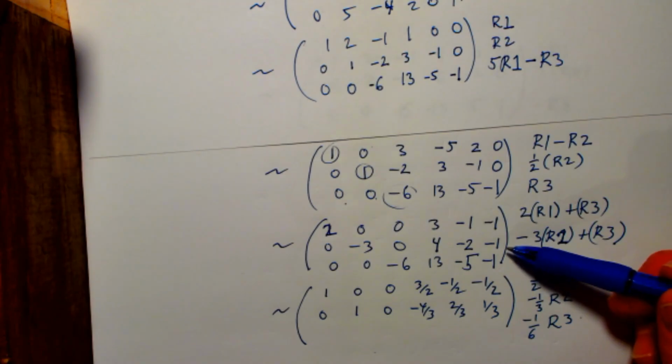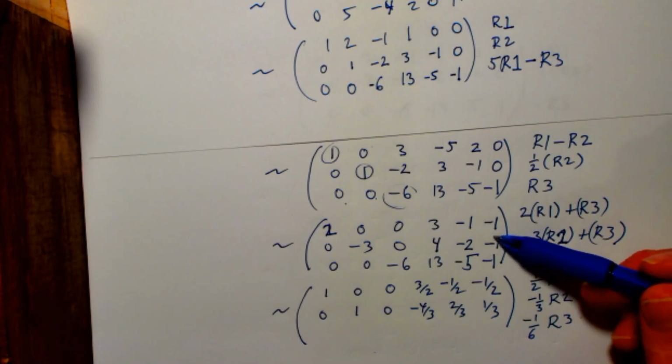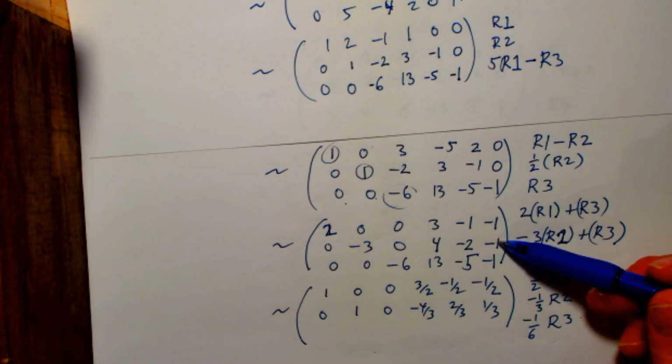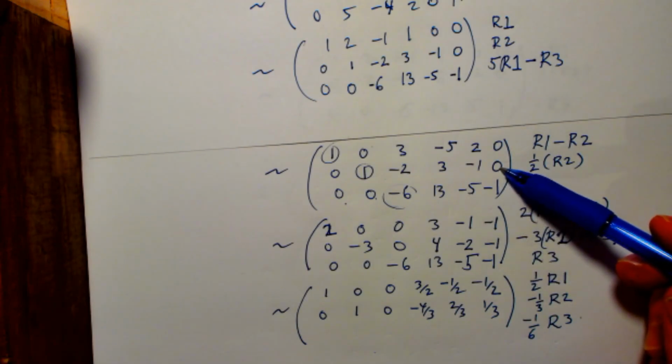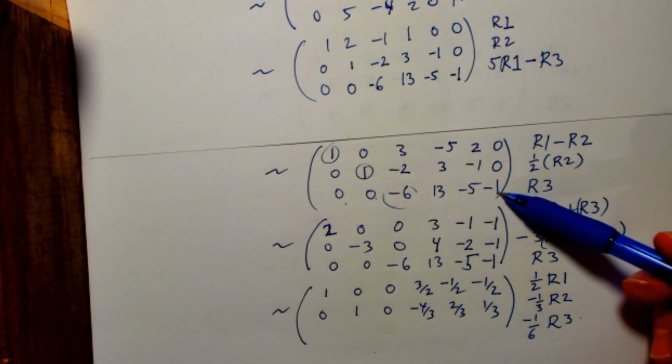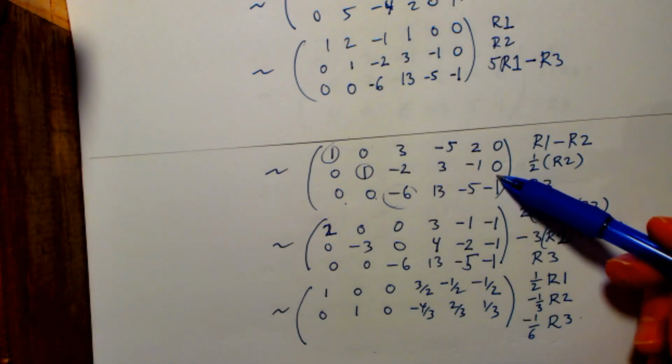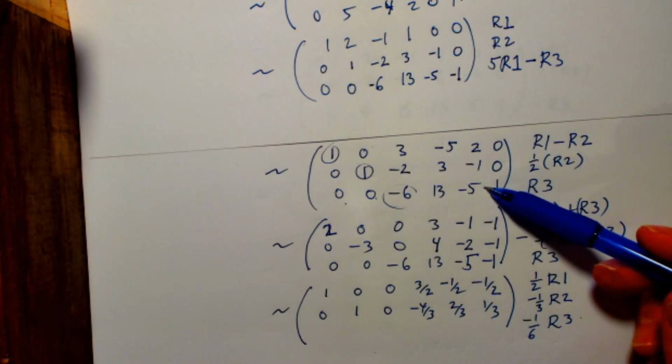That doesn't quite agree with my notes there. My notes say I should have a 0 here. Okay, let's double check. What have we done? Multiplied by minus 3, added to this. That looks right to me.